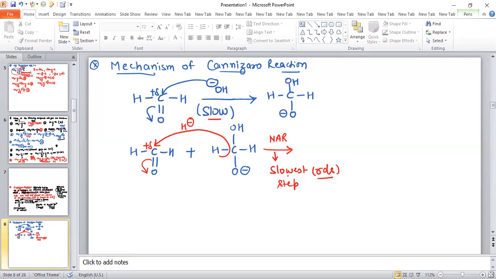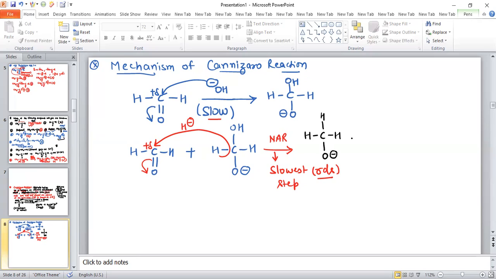Now what happens? This H minus attacks this carbonyl carbon. So this converts into H, HCH, and also there is hydrogen, and on this oxygen there is a negative charge.